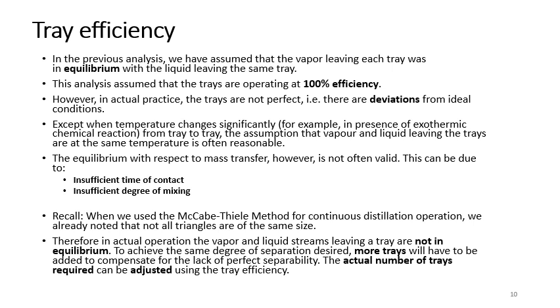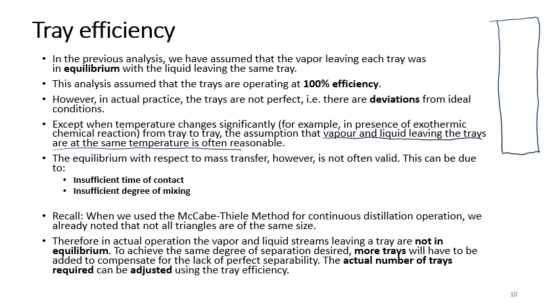Okay, so the assumption here is that the vapor and liquid leaving the trays are at the same temperature. Of course, throughout the column, the temperature changes from the bottom to the top.